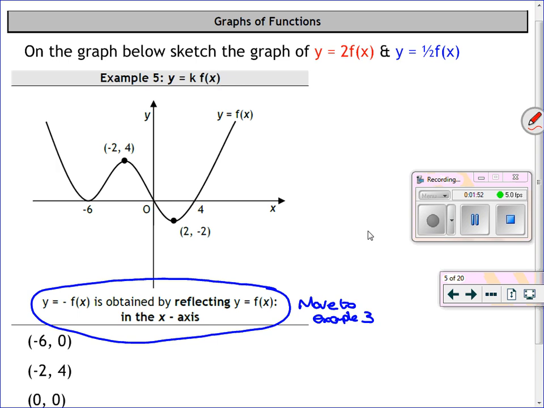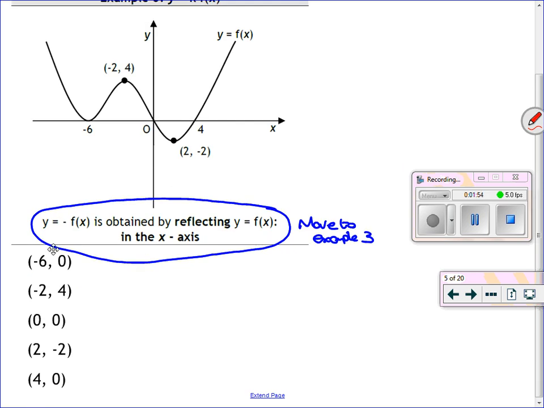So, as usual, the best thing to do is to write down the coordinates and then transform them. So, for this, we're multiplying all of the y values by 2. So, minus 6, 0. Remember, we keep the x the same. So, minus 6, 0 is really just going to stay as minus 6, 0, because 0 times 2 is just 0.